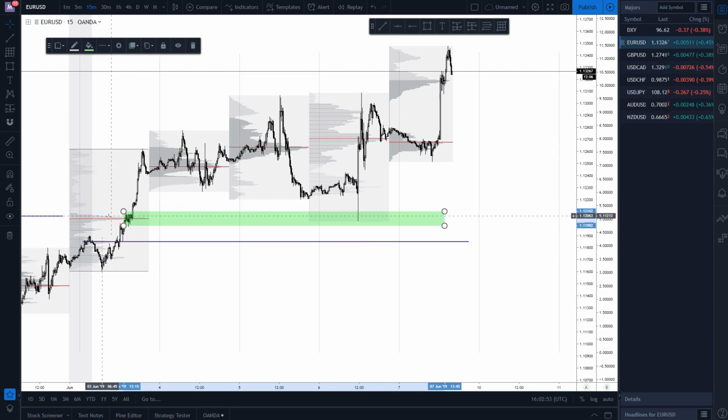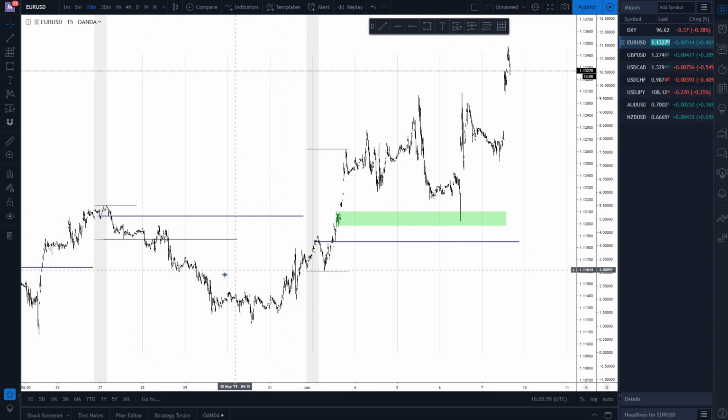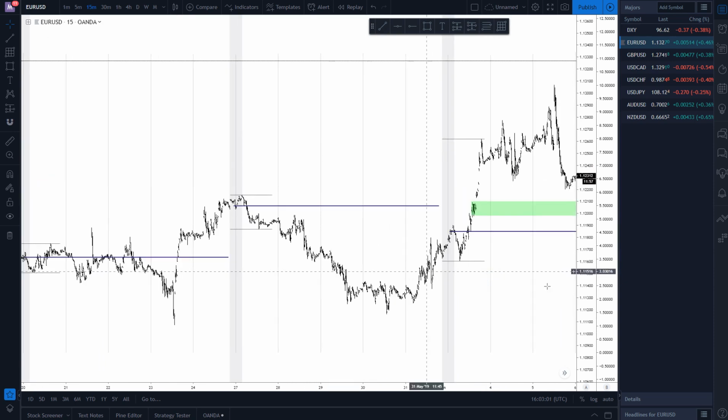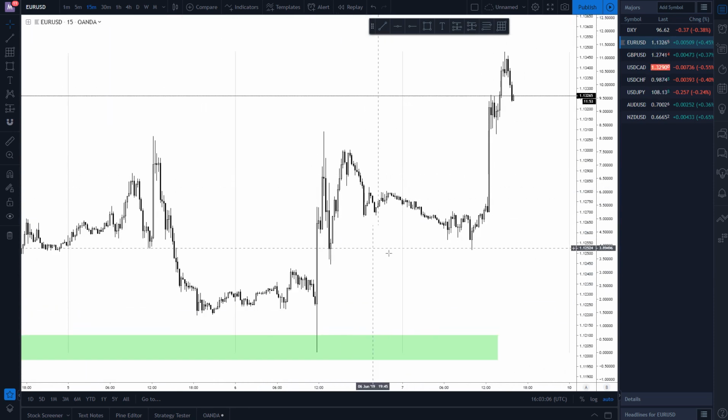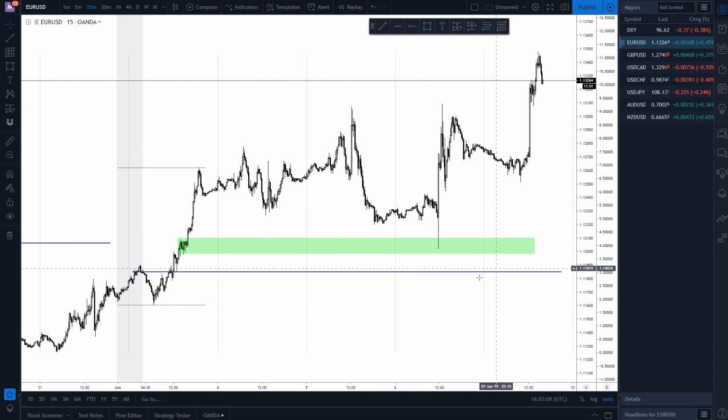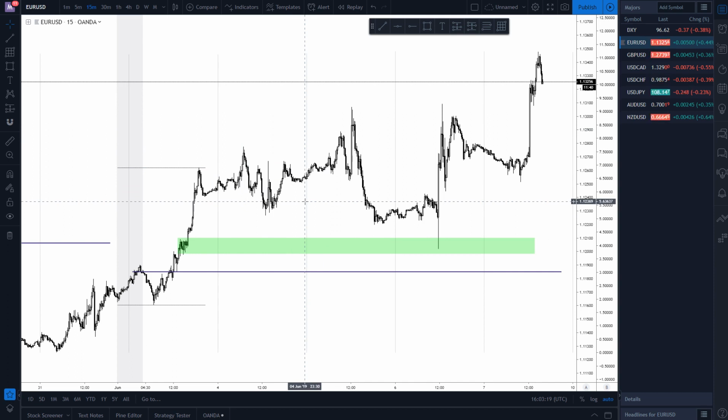I like to use this more than just the 50% of this range, but anyway, the Monday range and the weekly open in trending weeks will give you a huge edge on the direction, and you will get a lot of confidence in trading this, because once price is really established above or below weekly open on Tuesday or Wednesday, we can expect that it will continue in that direction until the end of the week.